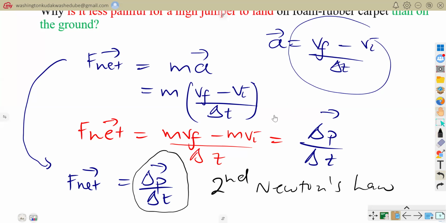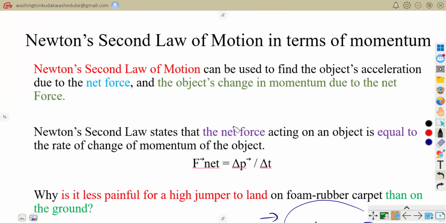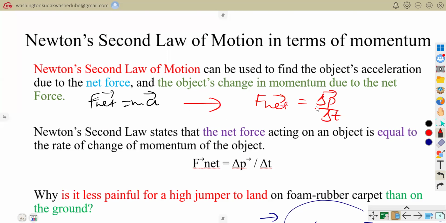So this is what we have been explaining here: we can use Newton's second law of motion to determine the object's acceleration due to the net force, as well as the object's change in momentum due to the net force. This is where we say net force is equal to mass times acceleration, as well as net force is equal to the rate of change of momentum. We have determined this from this.